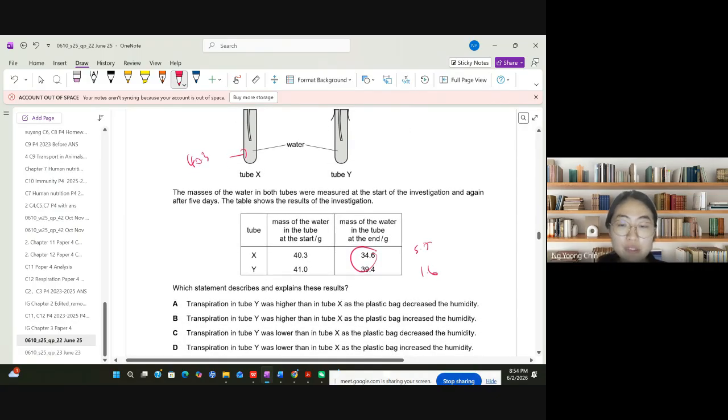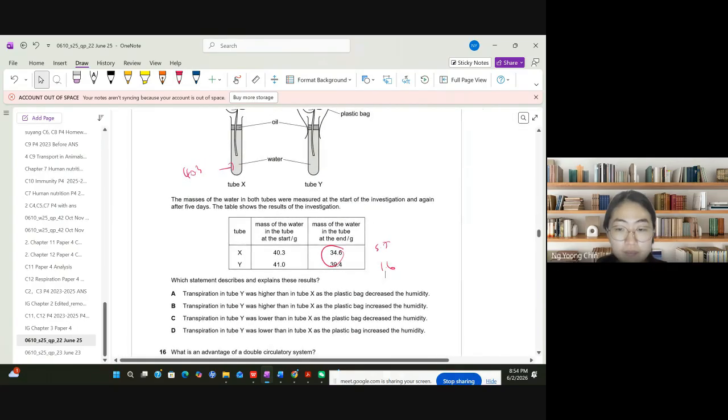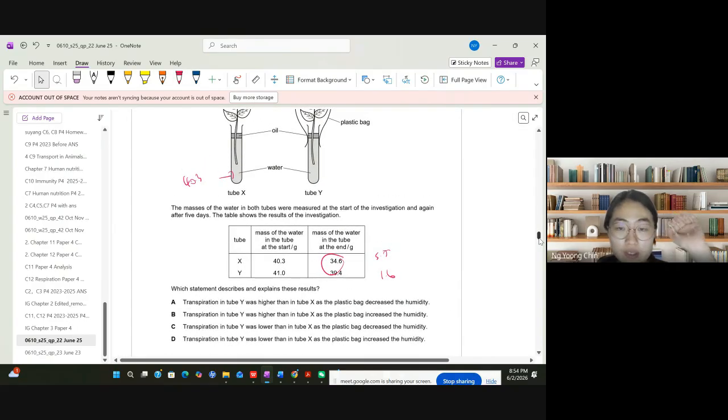So which statement describes and explains this result? Which one has the highest rate of transpiration, X or Y? You can refer to the loss of water. A, B, C, D. Transpiration in tube Y was higher? Or transpiration in tube Y was lower than tube X?